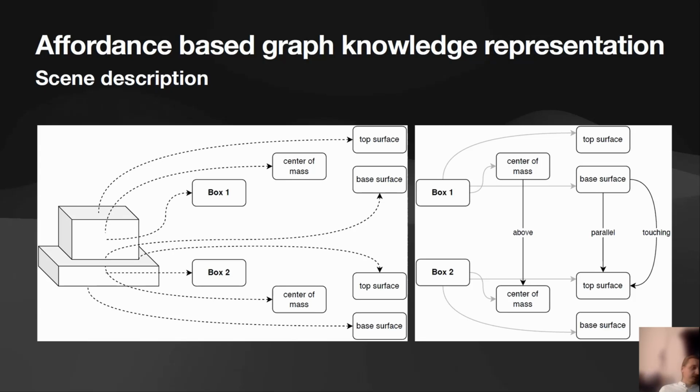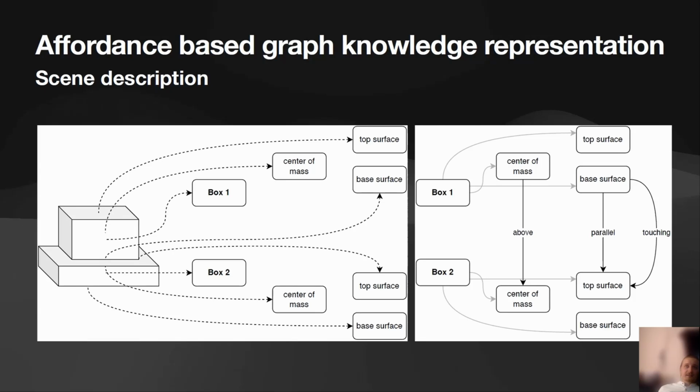It's just a different level of detail because it didn't all fit onto one. The first step is to recognize that there are two objects, box 1 and box 2. Those objects have some visible features. They have surfaces, like a top surface and a base surface. And we can also roughly estimate the center of mass.